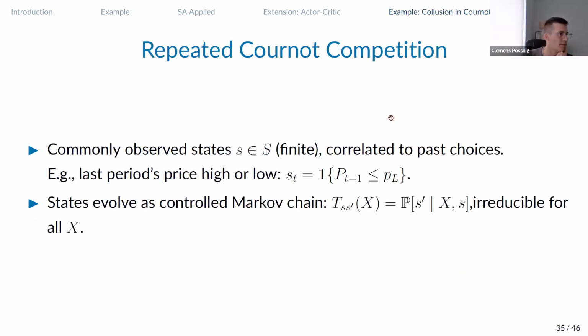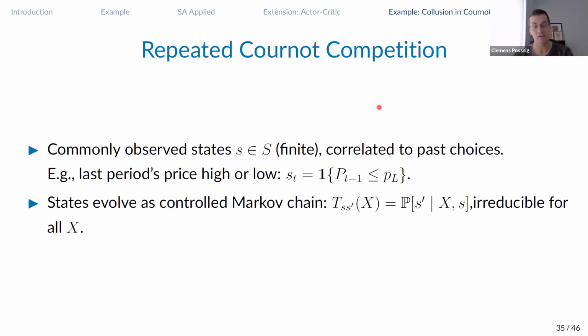So the kind of repeated game that I want to look at is one in which players do imperfect monitoring. So I'm introducing a state variable, which is commonly observed by the agents, and that's their monitoring tool. Basically, they can't see each other's actions of the past, but they can see a random variable that is correlated to past actions.